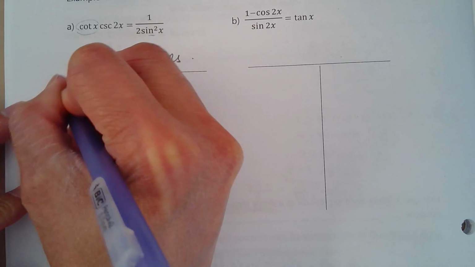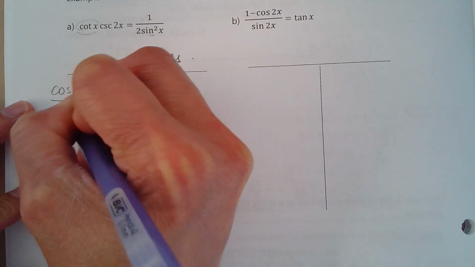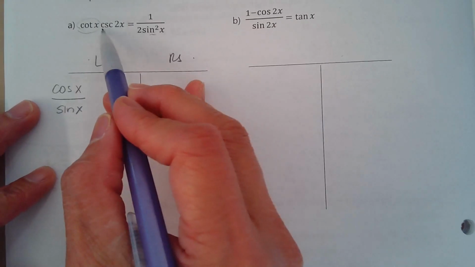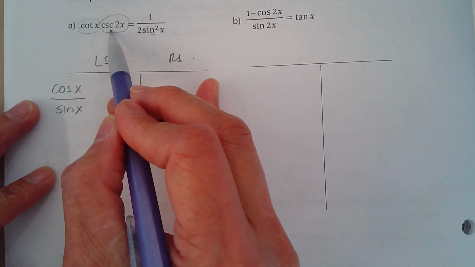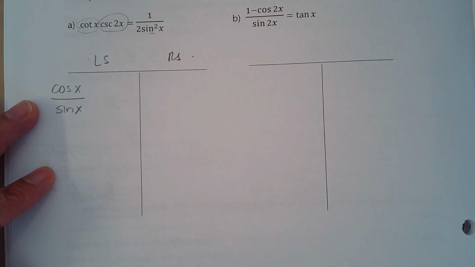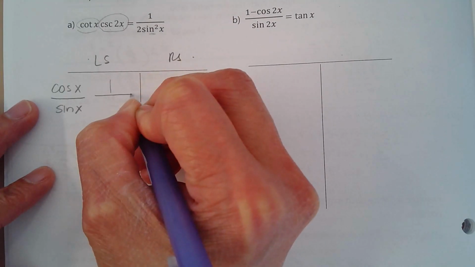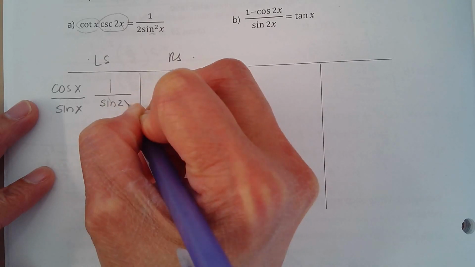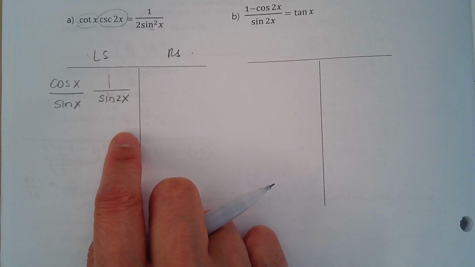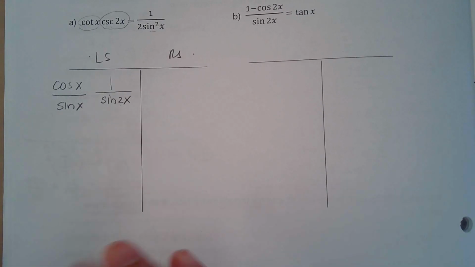Cotangent is cos of x over sine of x. Okay. Now what about this one? Cosecant 2x, what can we write that as? 1 over sine 2x. Is everybody okay with that one? That's a reciprocal identity, right? Cosecant, the reciprocal is sine, and vice versa.